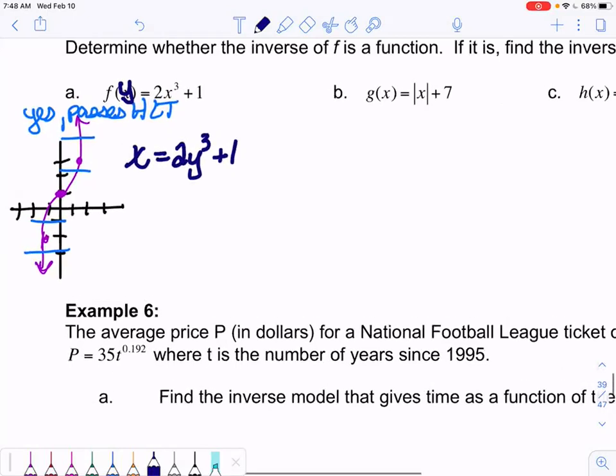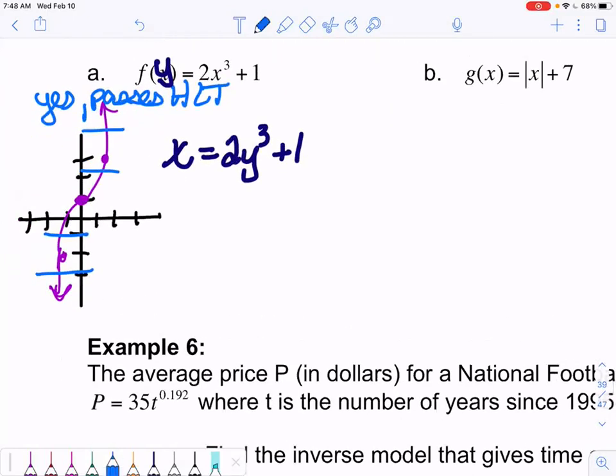So to get y by itself here, I know I have to subtract 1. I got to divide by 2. And then to get rid of the cube, we need to take the cube root of both sides.